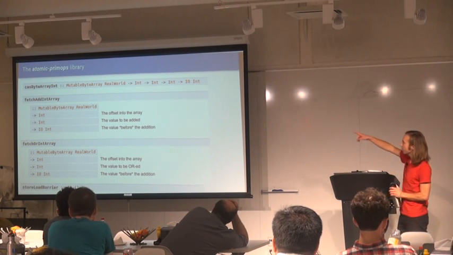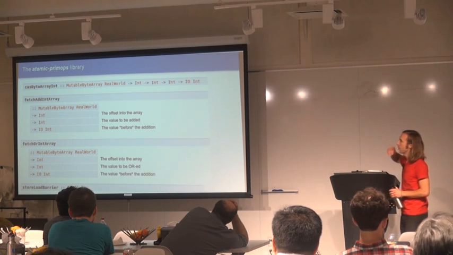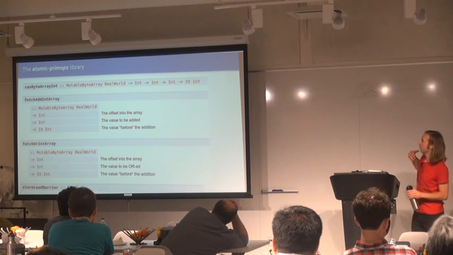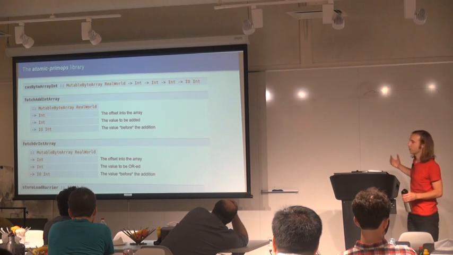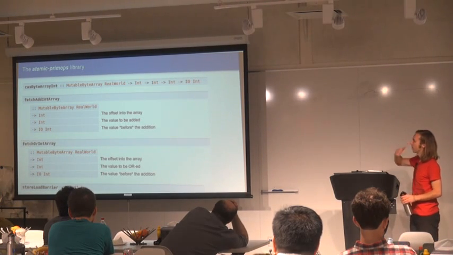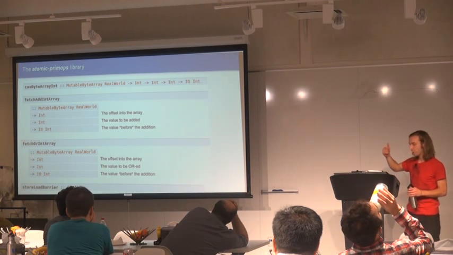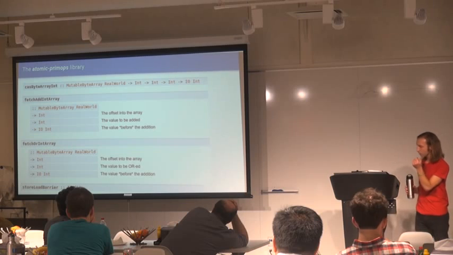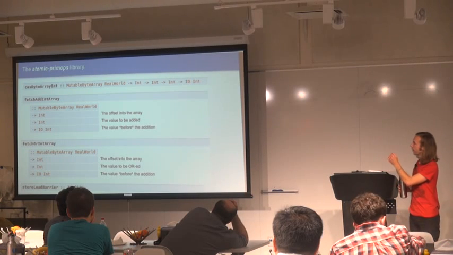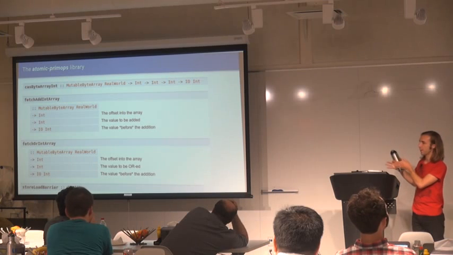So this first one, cas byte array int, is a compare and swap. If you read the literature of concurrent algorithms, they use compare and swap a lot, and it's supported across a lot of architectures. Basically the way that operation works is you give it a location in an array, what you expect to be there, and the new value you want to set.